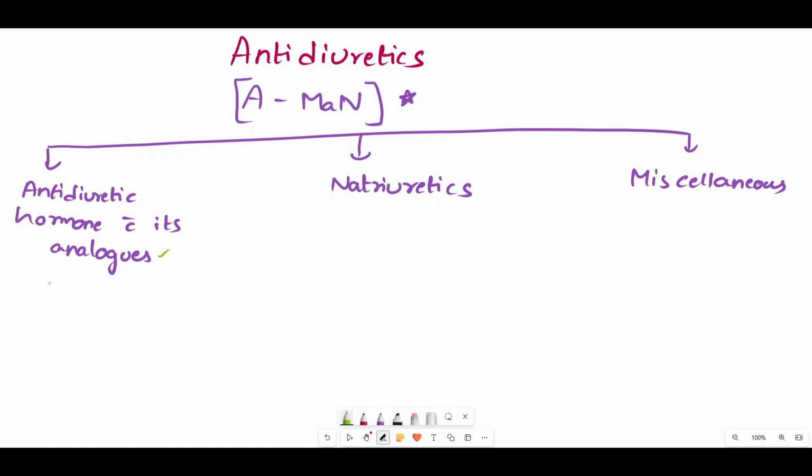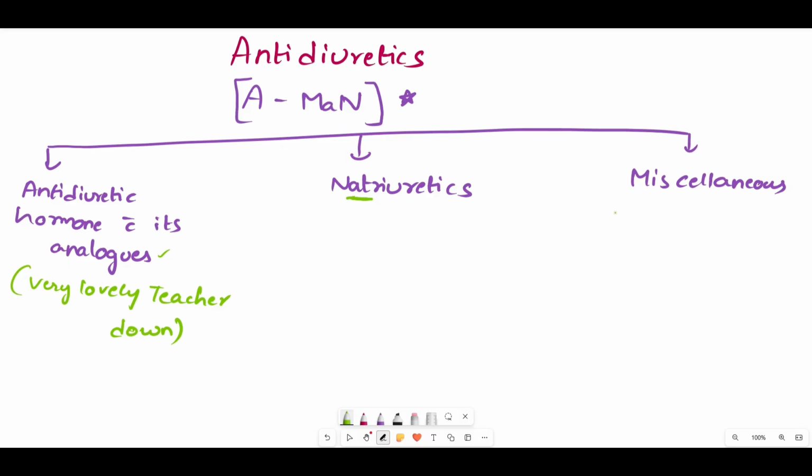For antidiuretic hormone and its analogues, remember it as very lovely teacher down. Very lovely teacher down. And for natriuretics, remember it as AT.